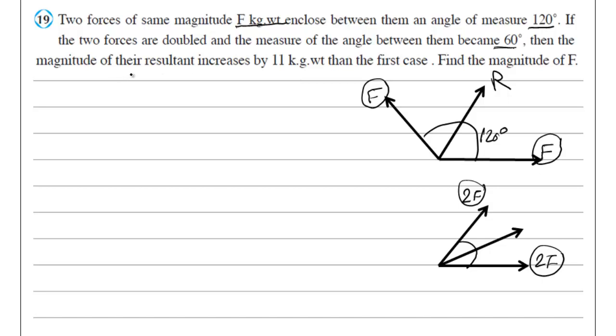Then the magnitude of their resultant increases by 11. The original resultant R will be R plus 11 kilogram weight than the first case here. Find the magnitude of F. Solution.